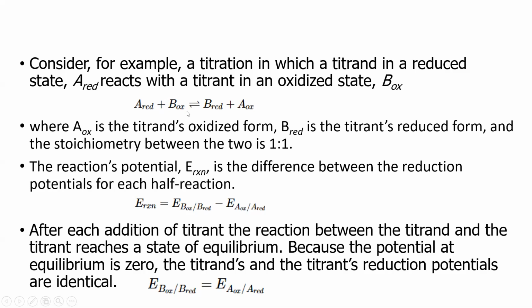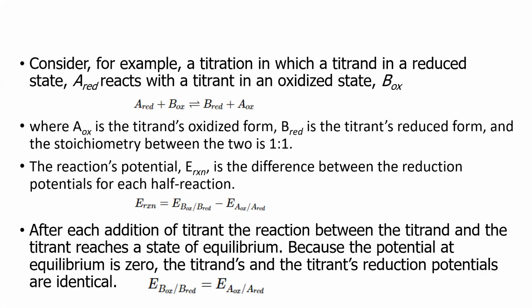The A oxidation is the oxidized form of the titrant. The B reduction is the reduced form of the titrant. So let's say this is iron 2 getting oxidized to iron 3, and this is manganese 7 getting reduced to manganese 2 plus. And for the stoichiometry between the two of them, let's assume they have a 1-to-1 reaction.